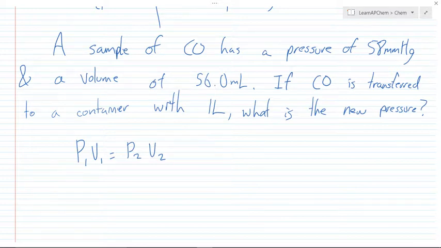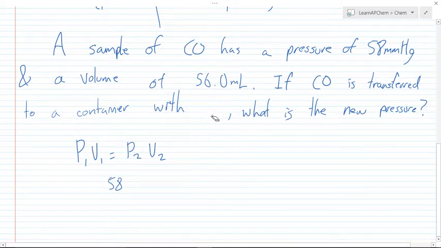So P1 is 58 millimeters of mercury. V1 is 56.0 milliliters. But I see that this is in liters and this is in milliliters, and to do this problem all my units have to be the same.